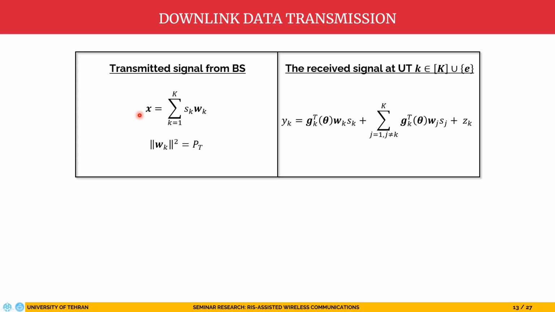In downlink transmission, X is the sum of original signals and precoding vectors, and also the transmitting power should be equal to PT and not more. The receive signal at UTK is like this. GK theta is the channel for the sum of direct channel and the cascaded channels for user K, and this is the interference term, and also this is the noise.